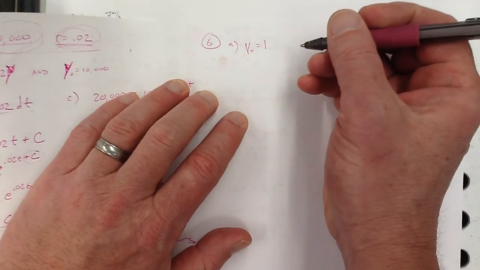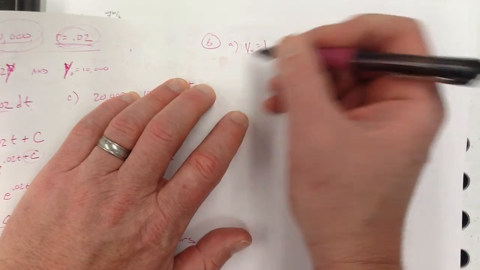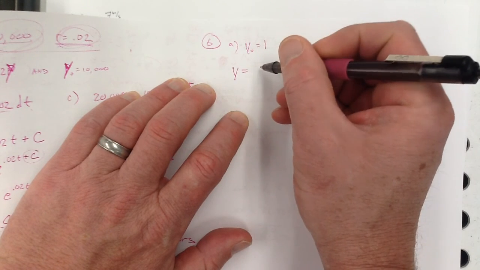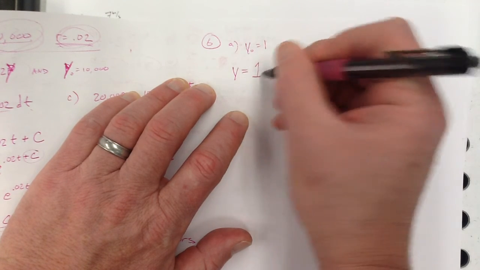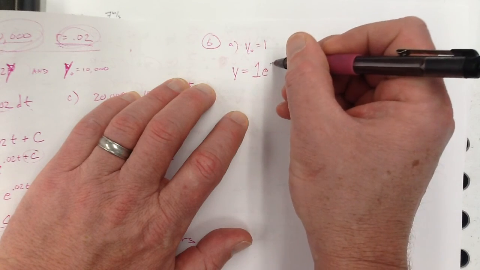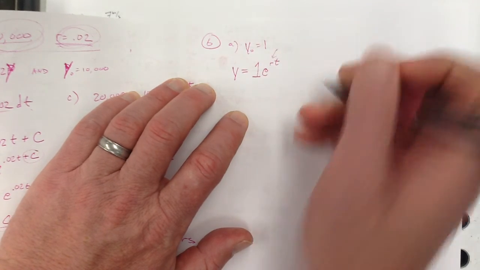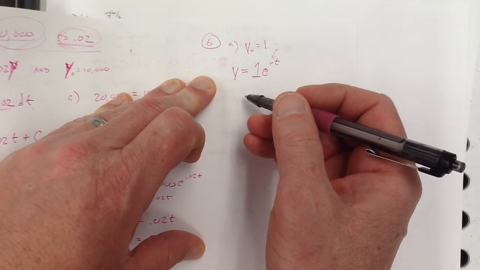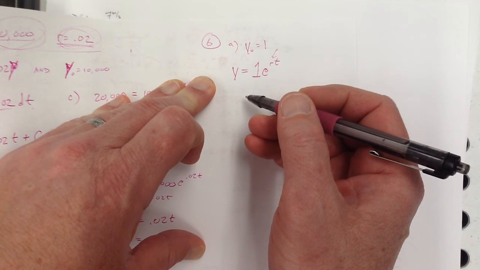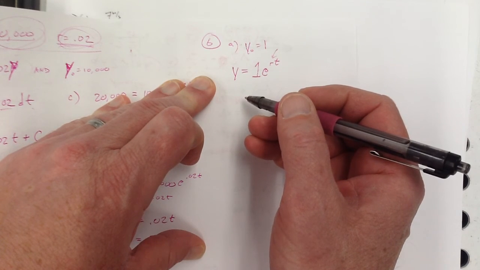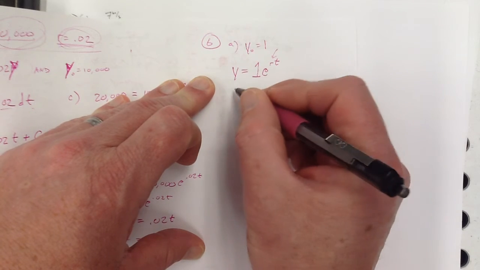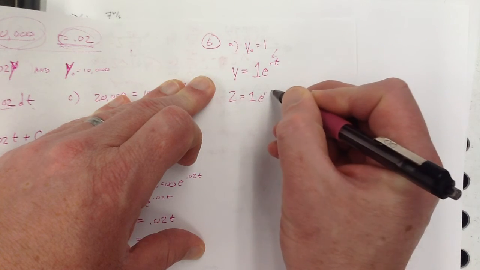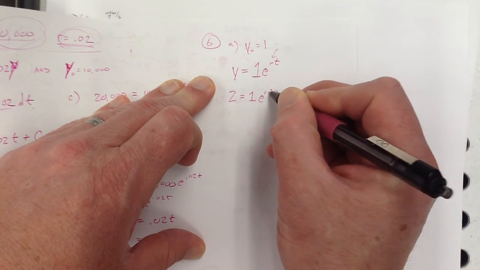So that means I know that I have an exponential growth model, which means that it's going to be this: initial value is 1 times e to the rt. I'd like to find what that r is. Now I know that the cell divides or doubles every 20 minutes. So that's going to turn into 2 from 1 after 20 minutes.